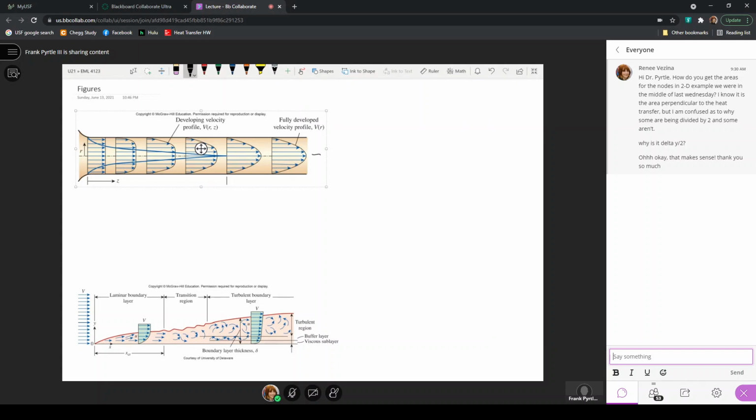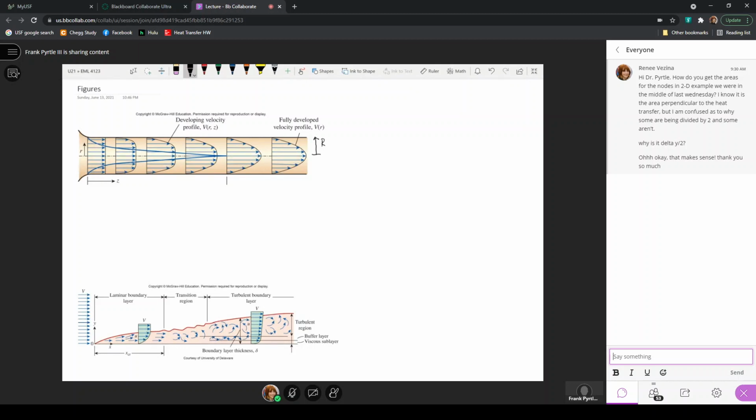And here, this is R equals capital R for the radius of the pipe. So at the radius of the pipe, we'd have that no-slip condition that would start to take effect inside the pipe, such that the velocity is 0 at R equals capital R. And this happens all around the inside of the pipe, along the inside perimeter of the pipe.